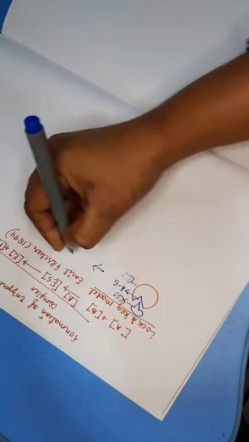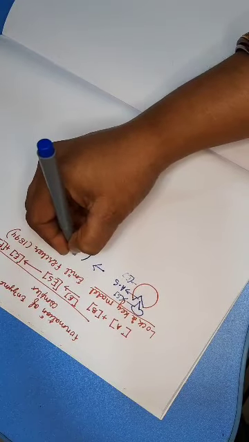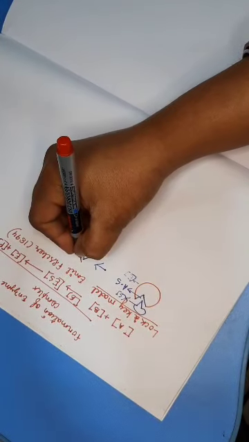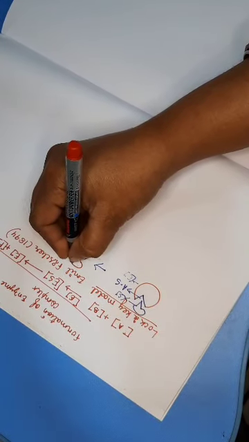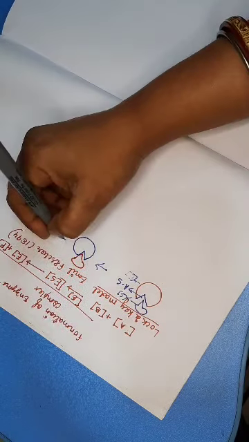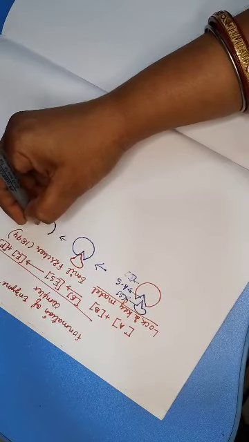Once the enzyme substrate complex is formed, this formation brings about conformational change and the enzyme product complex is formed in the next step.